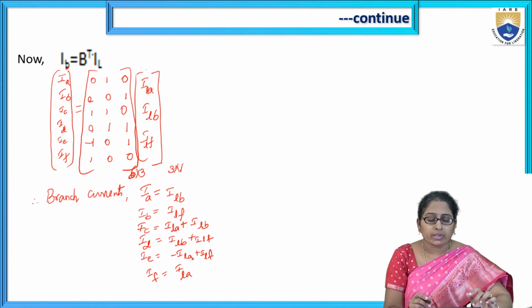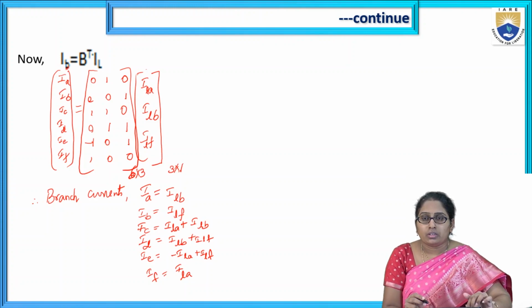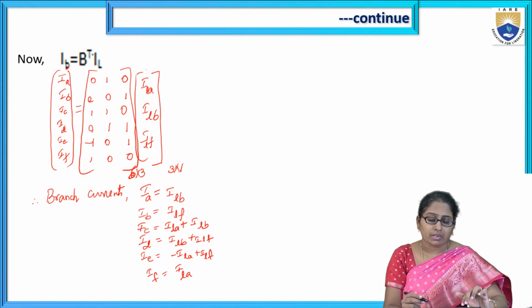That is how the branch currents are finally written. This is the procedure for finding the branch currents using the tie-set matrix.